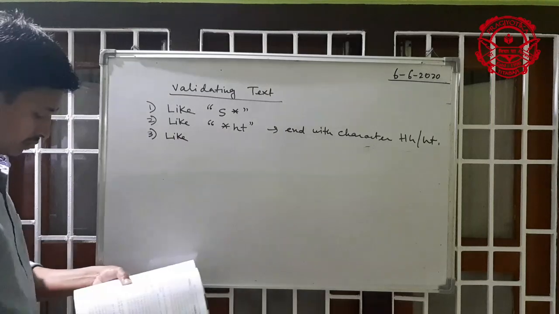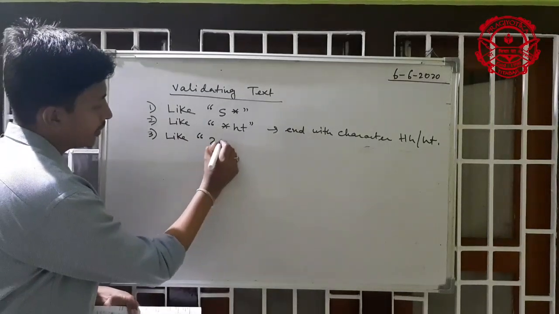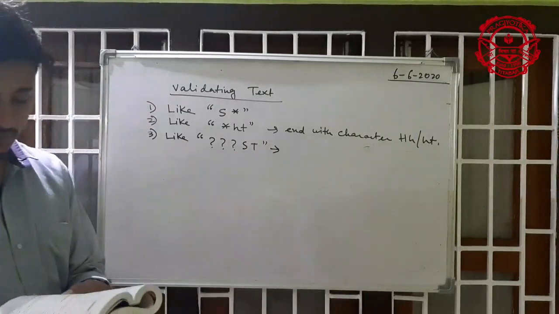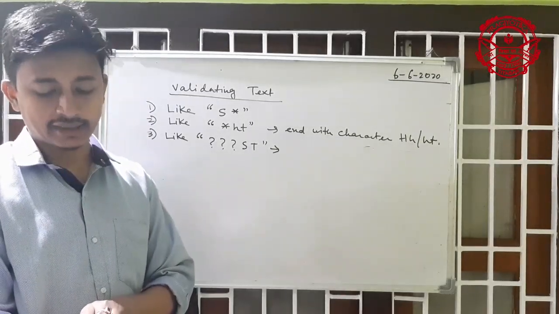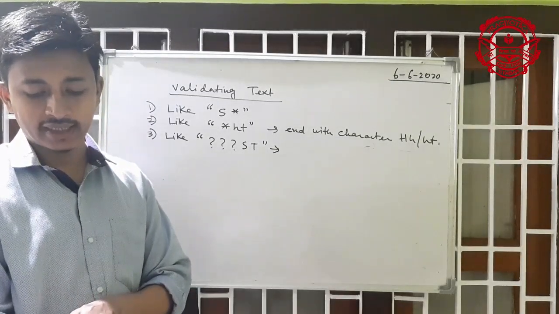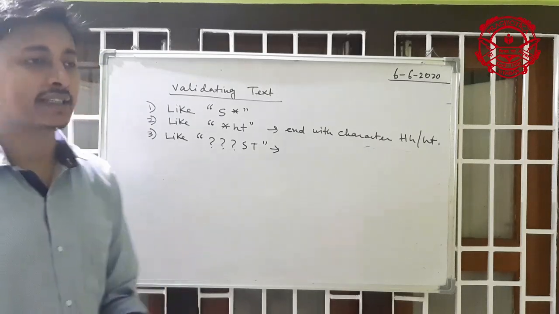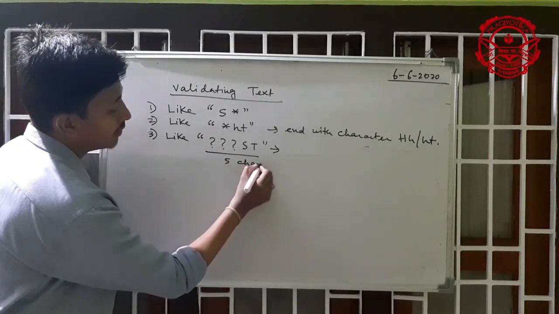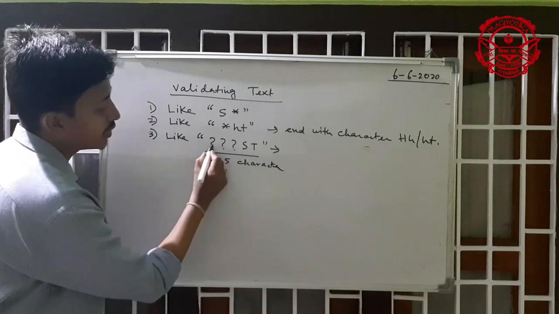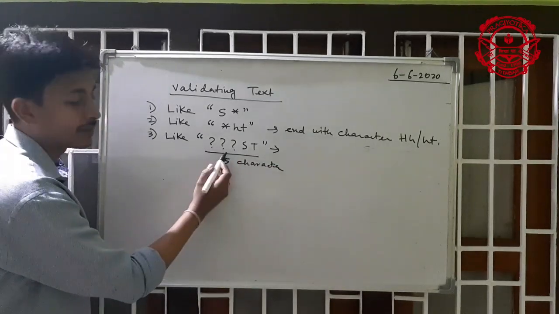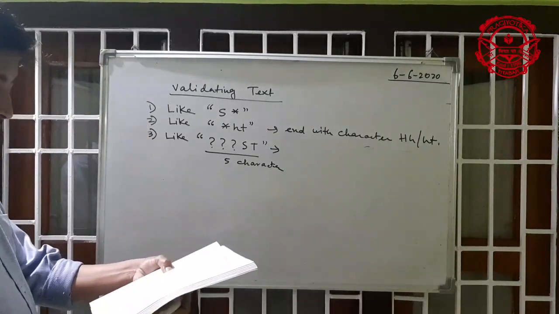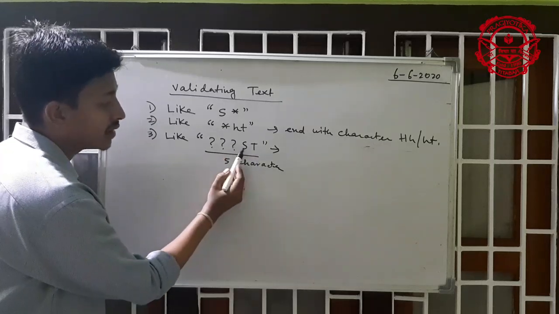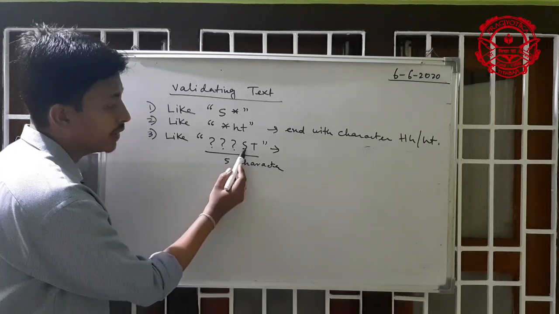Next, number 3: Like, question mark, st. It means it accepts 5 characters that end with st. The question mark represents one character, so it should be 5 characters, one, two, three, four, five.